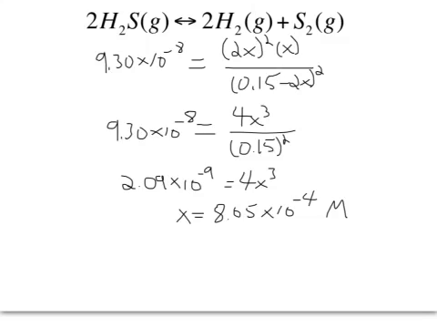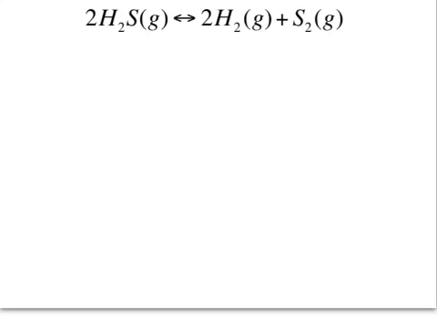Now it's important to always check and make sure that the assumption that we made is a valid one. So we want to check that the change in concentration is less than 5% of the initial concentration. Let me do that on the next slide. The change in concentration is 2x. The initial concentration was 0.15. Convert that into a percent.